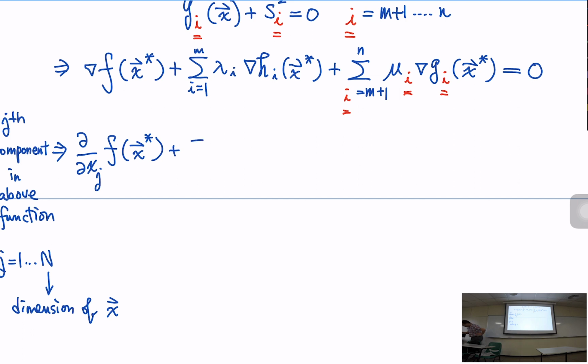Now, it's going to look like this. This is why I'm using j for x, not j for g, because it would be confusing.